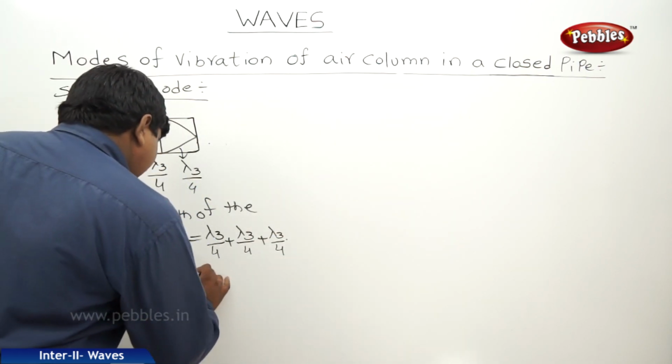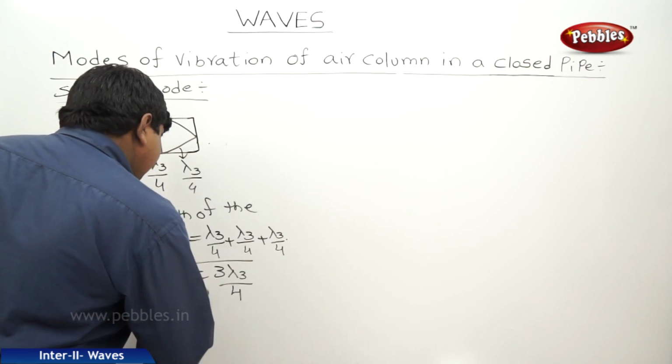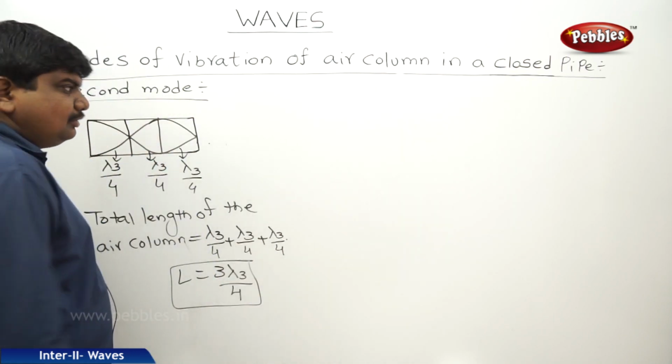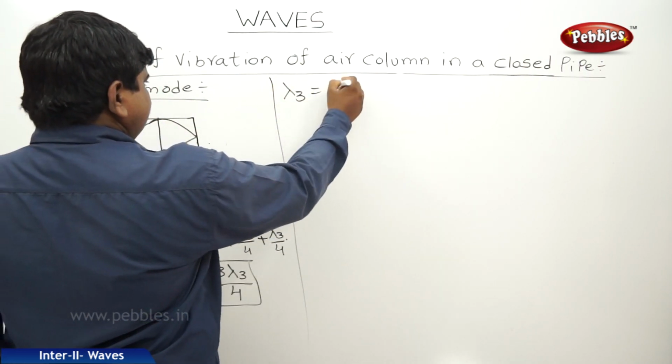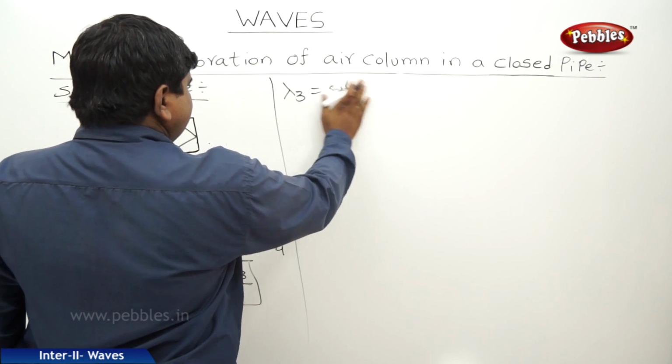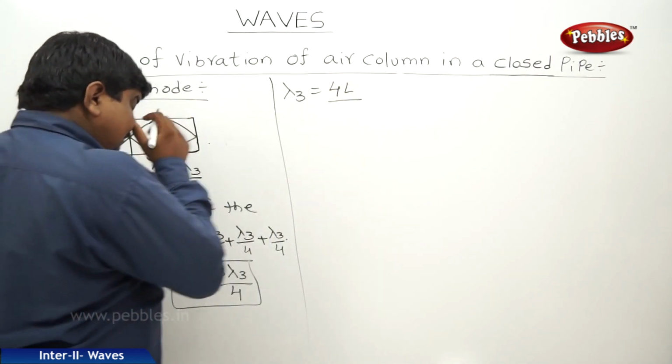That is, L is equal to 3λ3/4. So from this, λ3 is equal to 4L/3.